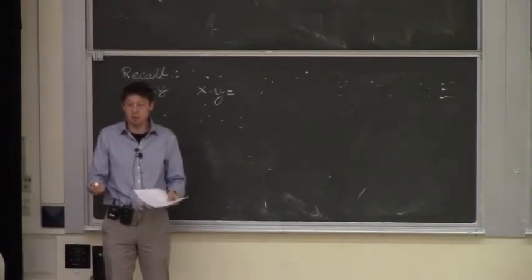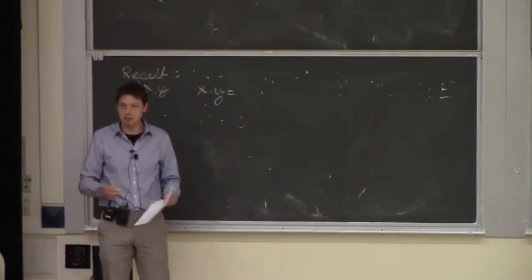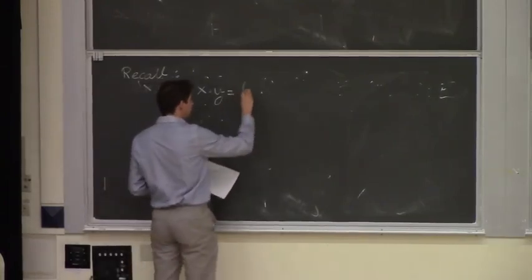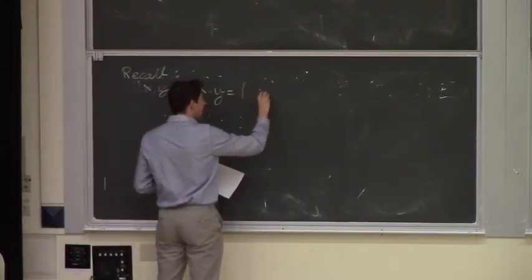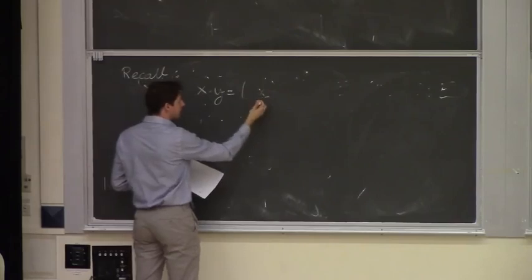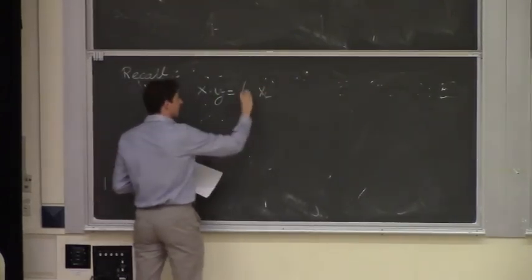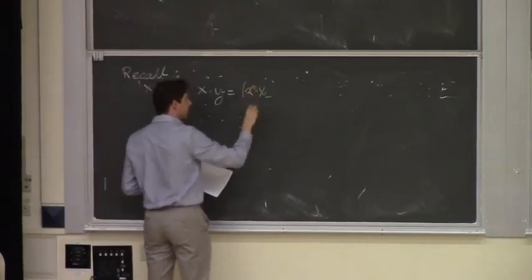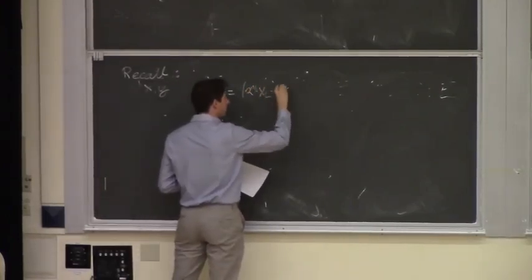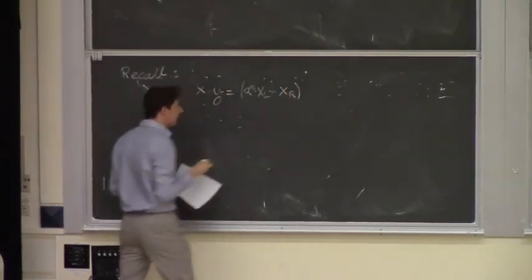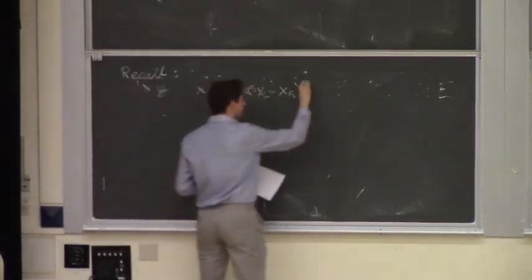Good. So the first realization was to say, look, x and y are both integers. We can look at their bit representation and slice them in half and look at the left bits and the right bits. You can think about this as basically saying, take the high order bits of x, multiply them by 2 to the n over 2. Add to that the low order bits of x, so that's the same as x, right?